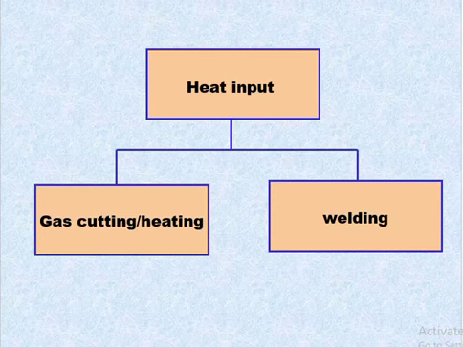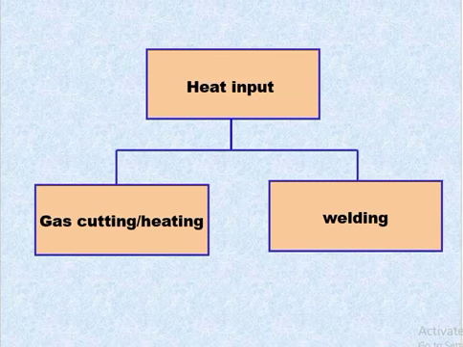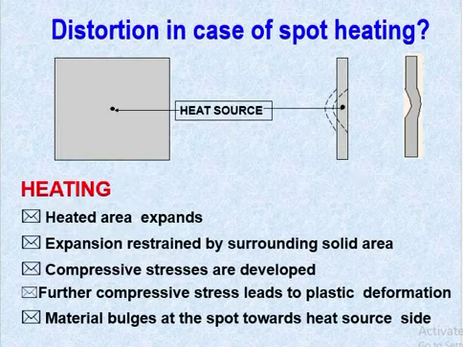Heat input can be divided into two types: gas cutting and welding. When you are doing welding, heat is generated, and in gas cutting and heating, heat is also generated.